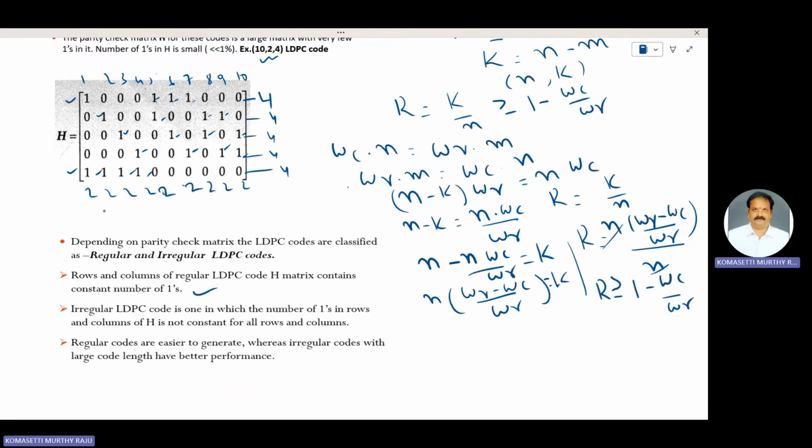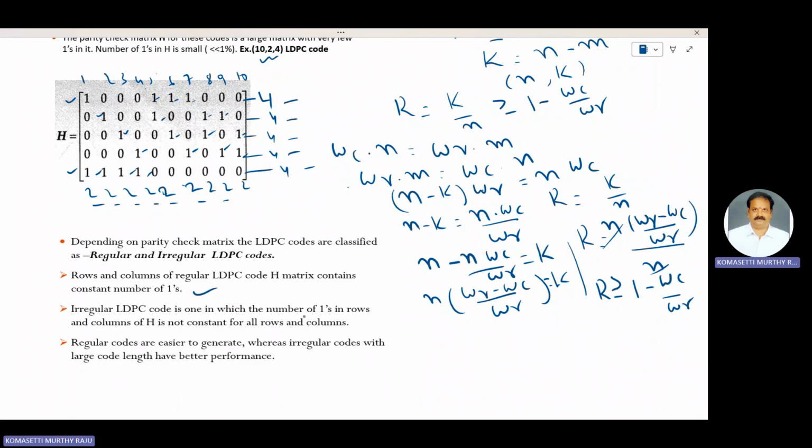That is called regular. The parity check matrix maintains constant ones in each column and constant ones in each row. That is called regular LDPC.